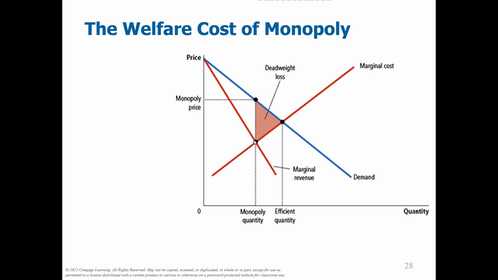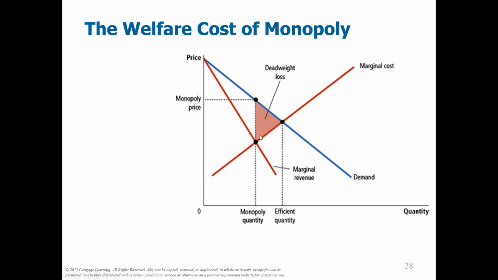Why? Because the golden rule of profit maximization is marginal revenue equals marginal cost. But in a monopoly, that's not equal to price anymore. That means that this amount of surplus disappeared. It is the deadweight loss of the monopoly.